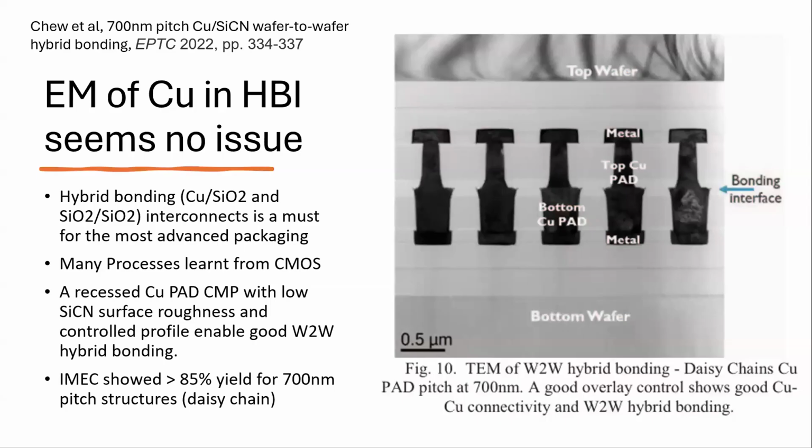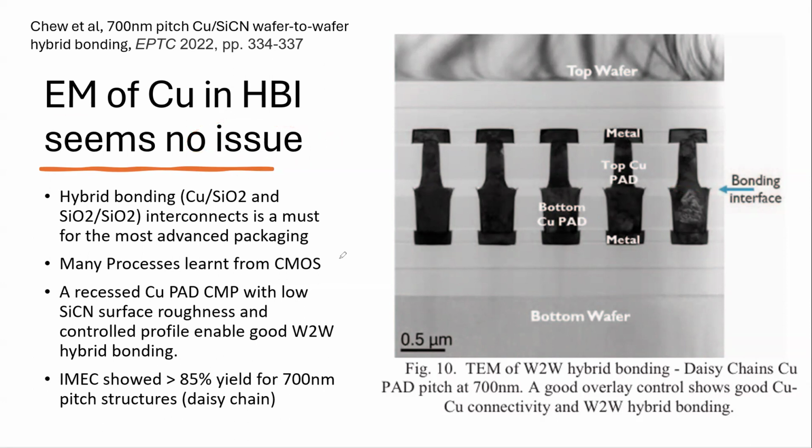This is the result they get. Using this test structure, they are doing electromigration. You see the top copper pad and bottom pad. They form a nice bonding, and the result is this. No issue.